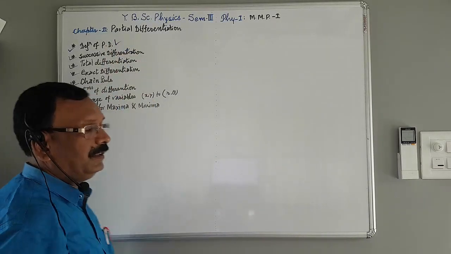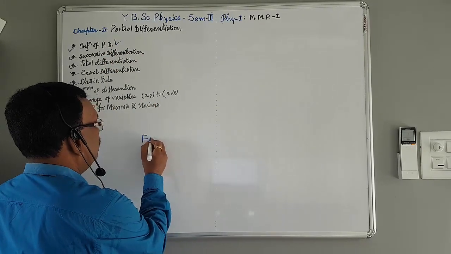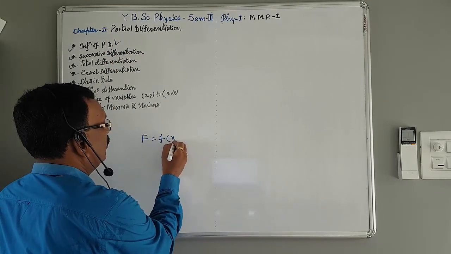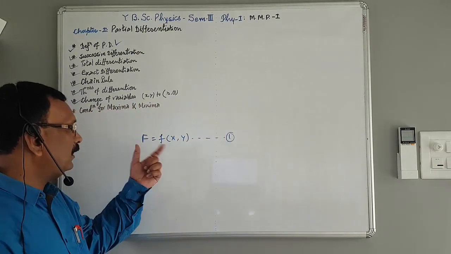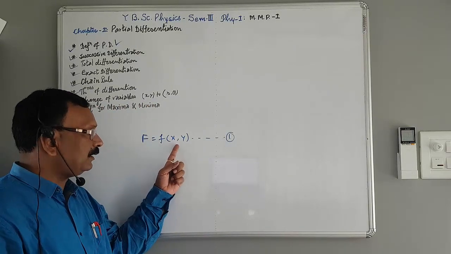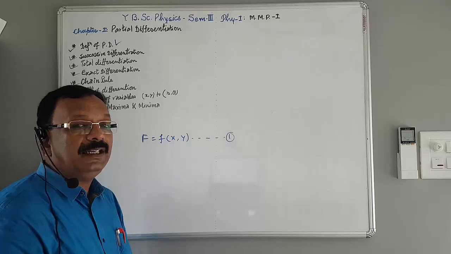What is partial differentiation? For this purpose, consider a function f equal to f of x, y. In this function, x and y are independent variables, where f is the dependent variable.